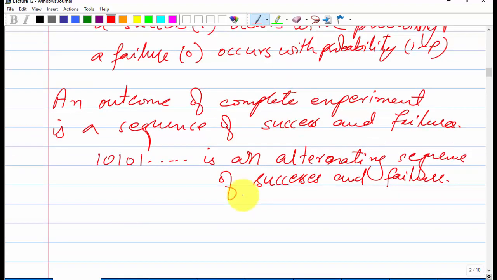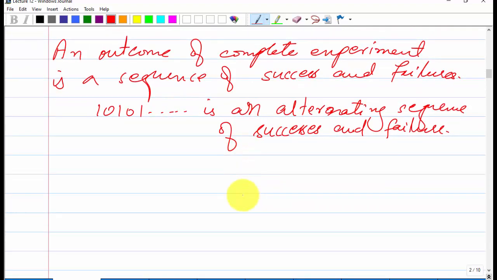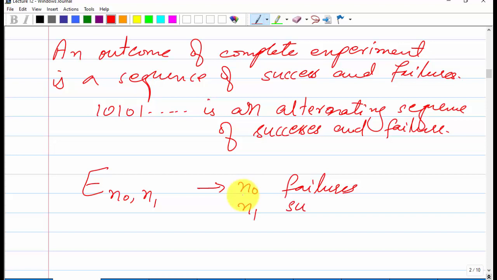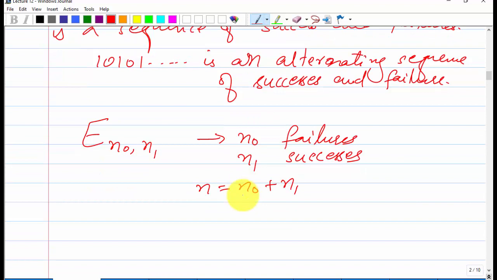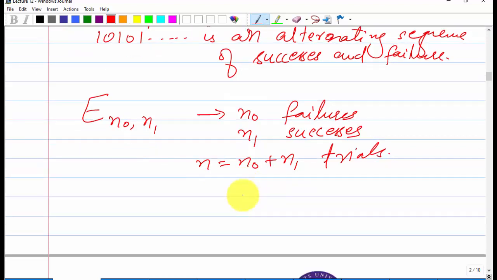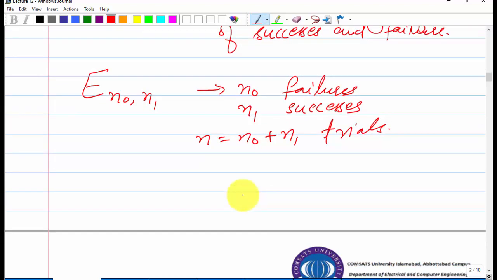If we denote this as E n naught n1, it means n naught failures and n1 successes. But remember that they must add up to the total number of trials. So how can we find the probability of E n naught n1?